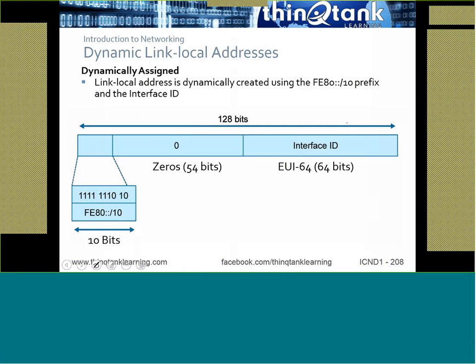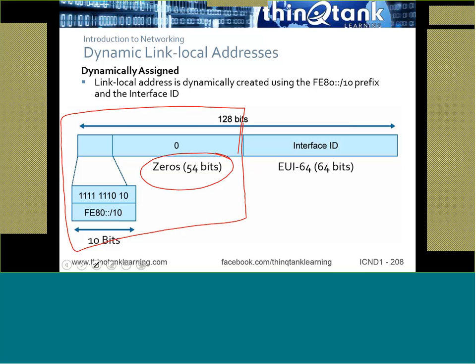But there's a very specific thing to understand. If you look at the way a link local address is divided up, the first 64 bits are fixed. And actually, if I look at this, now I know why it's not FEBF, because 54 bits of that link local address are fixed at 0.